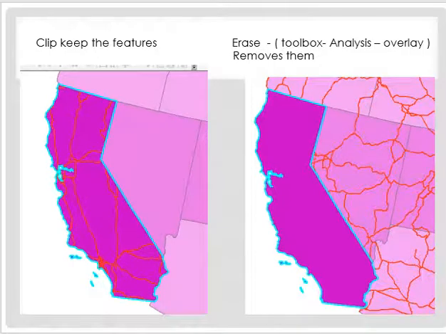You can't get to the erase from the geoprocessing menu. You have to go into the toolbox. It's under analysis overlay. Again, we'll do more of that later. But if I say erase the major roads from California, I have no more roads in California. So just two different ways, and I'm not really sure why she introduces those right now, but she does.